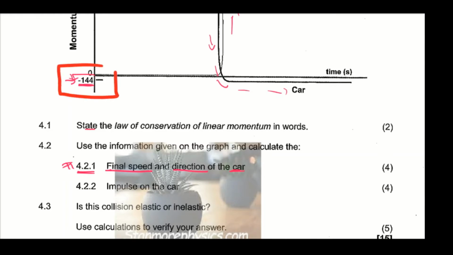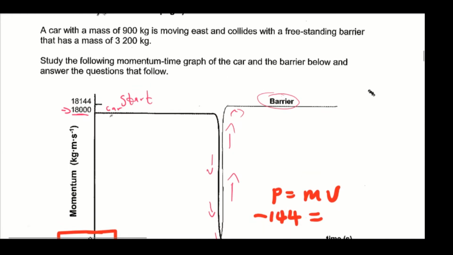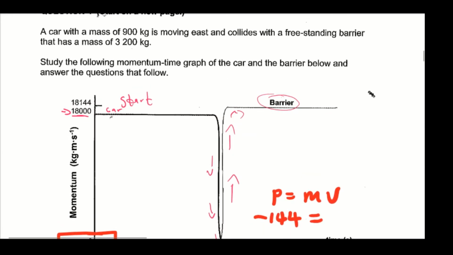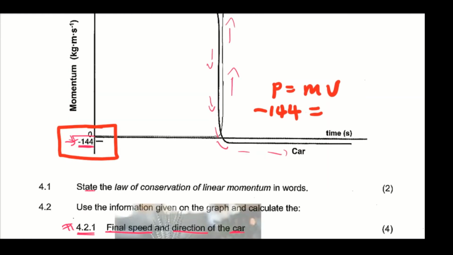We're going to focus on this momentum here, which is minus 144. The equation that we're going to use is p equals mv, the equation of momentum. The momentum, minus 144, is equal to the mass of the car, 900 kilograms, multiplied by v.